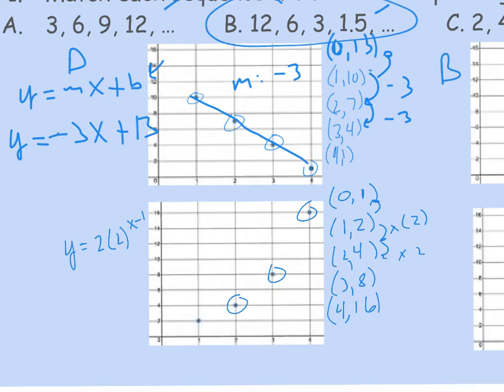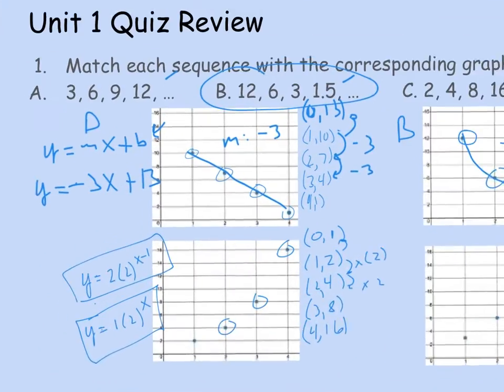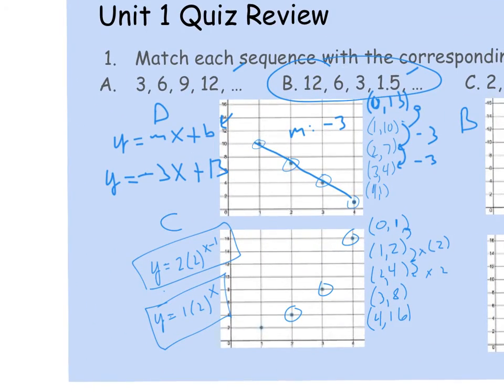So you could go with y equals 1 times 2 to the x power, the term before the first term. Some people like to use this form for geometric. What do we got here? 2, 4, 8, 16. That looks like it is C, by the way. Forgot about that. That's C.